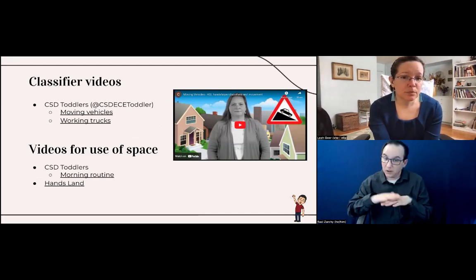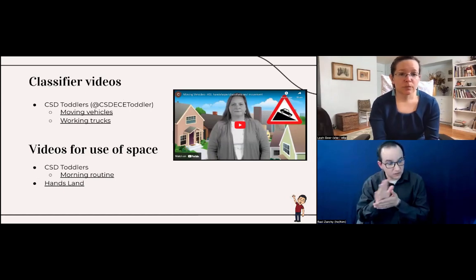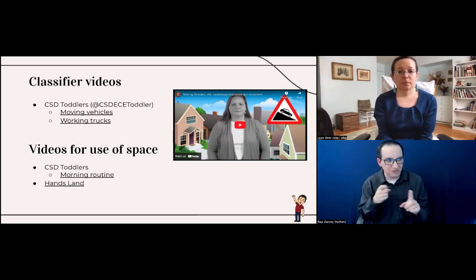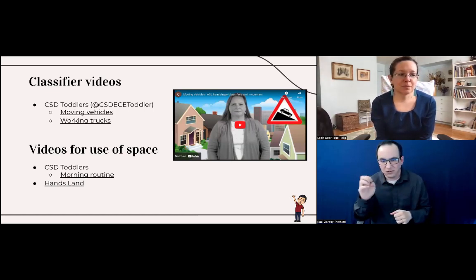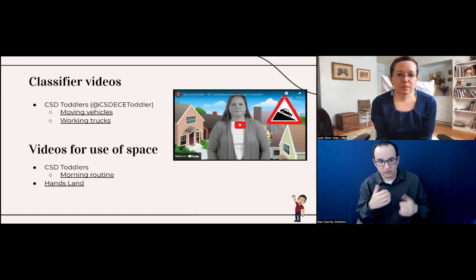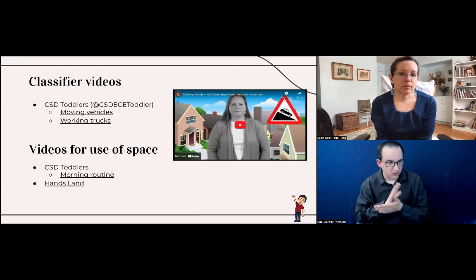So when you're working with students on classifiers, YouTube has some really great resources. They have classifier videos. I have 2 here from the California School for the Deaf. There are toddlers. They have a specific channel that is just wonderful to look at. But also videos about using space.